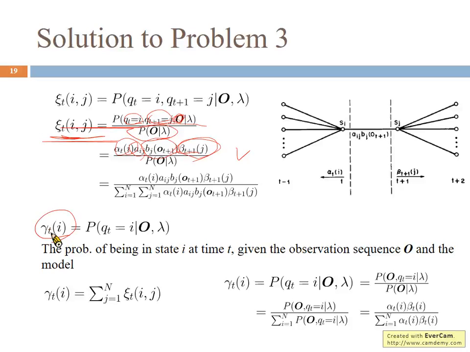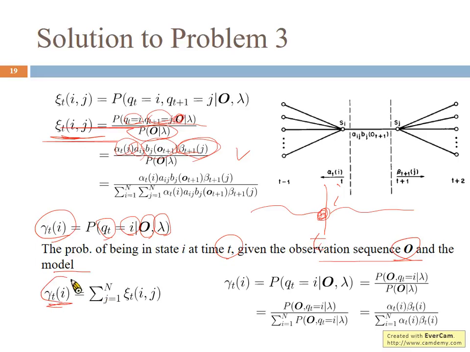And then we also define gamma_t(i). Gamma_t(i) is, given the lambda and the observation sequence, the probability that at time instance t we are in state i. So no matter how the beginning goes and how the following process goes, we just care that at time instance t we are in state i. So the probability of being in state i at time t, given the observation sequence O and the model, is gamma_t(i).